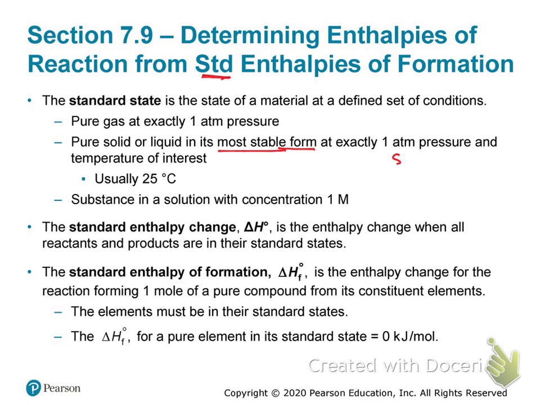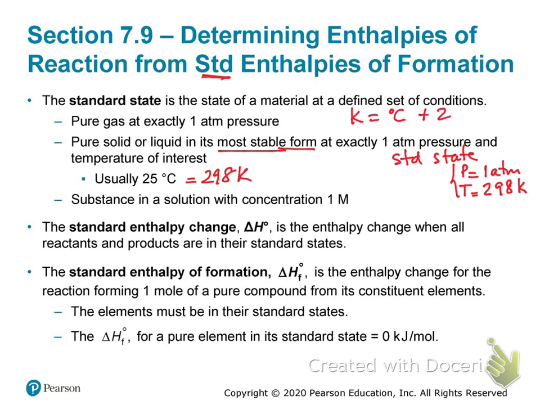So the standard state is seen as pressure equals 1 atm and temperature of 298 Kelvin, right? 25 degrees Celsius is the same thing as 298 Kelvin. If you forgot the relationship, Kelvin equals Celsius plus 273.